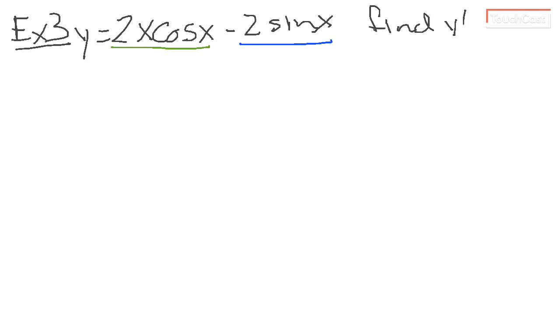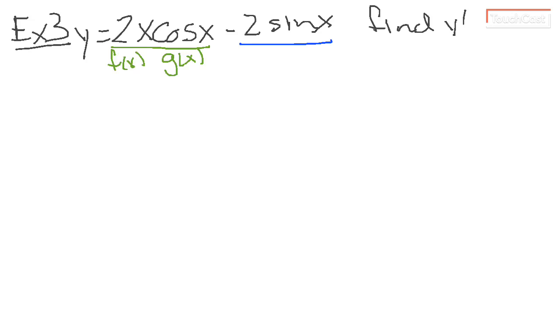We could say 2x is our f of x, and cosine is our g of x. So from our product rule, we have to go f of x times g prime plus g times f prime. So let's do that.